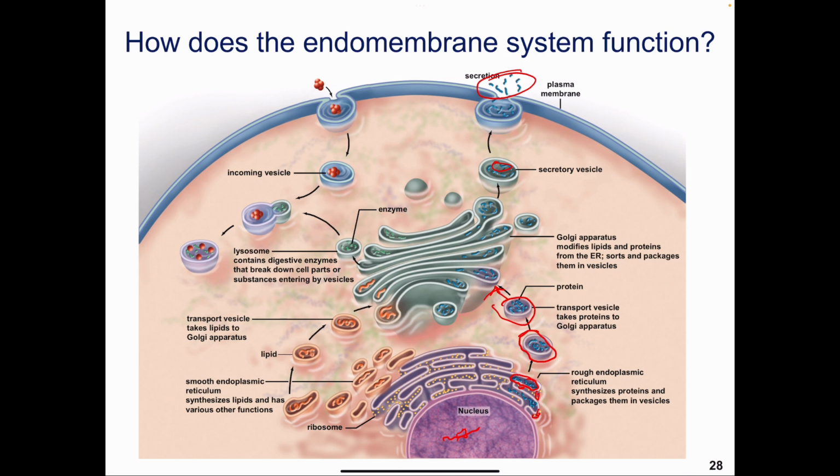fate is that the protein can be part of integral proteins. You remember when we looked at the plasma membrane, we said that some proteins are embedded in the plasma membrane, some playing the role of receptors, right? Others playing the role of channels, other proteins playing the role of enzymes, right?